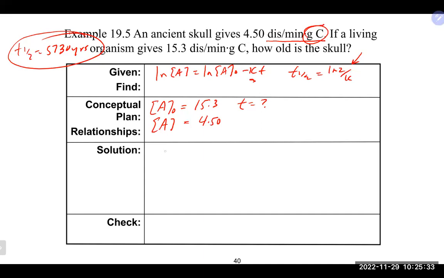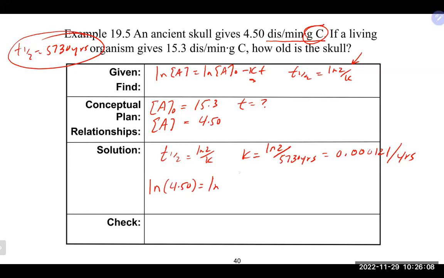So using that like we've done before, we will solve for our K, which would be the natural log of 2 divided by the half-life here, which is 5730 years. That will give us a decay constant here of 0.000121 reciprocal years.